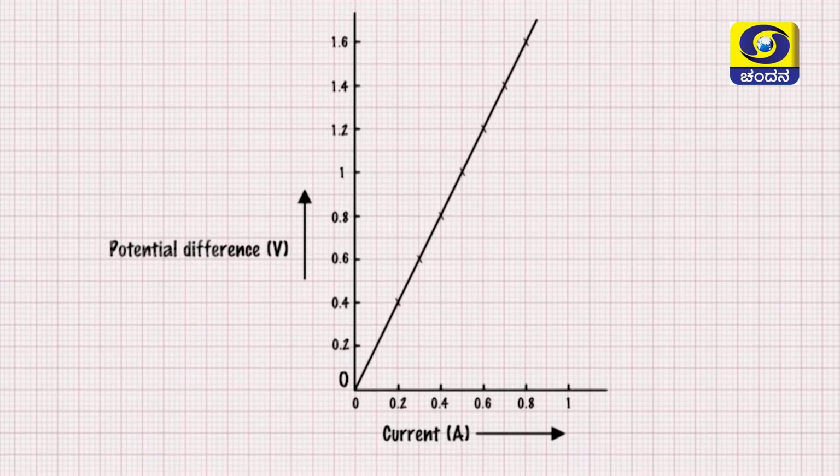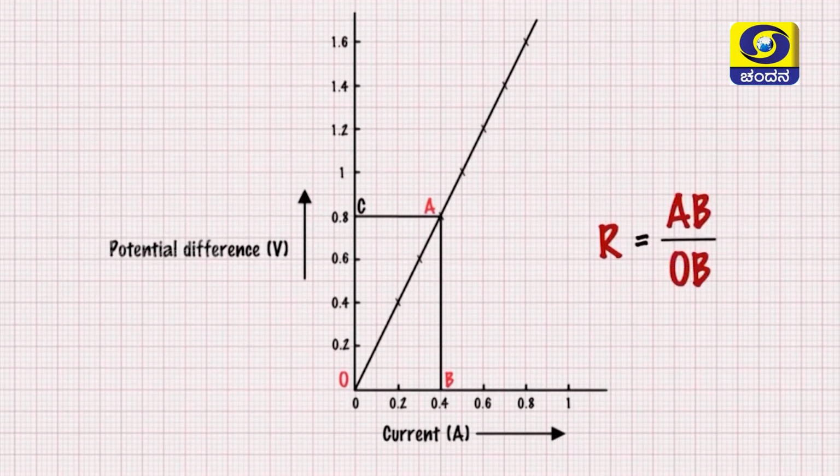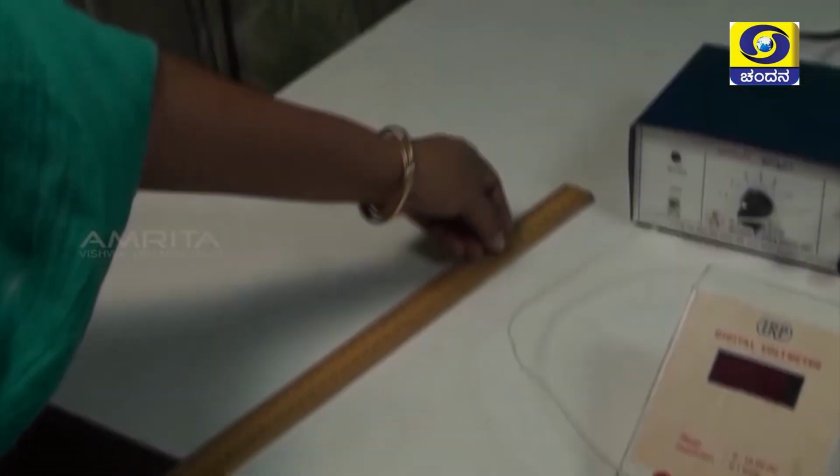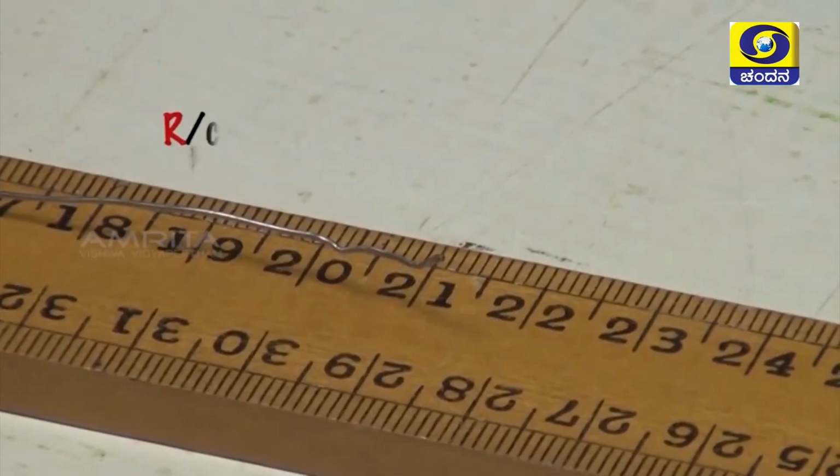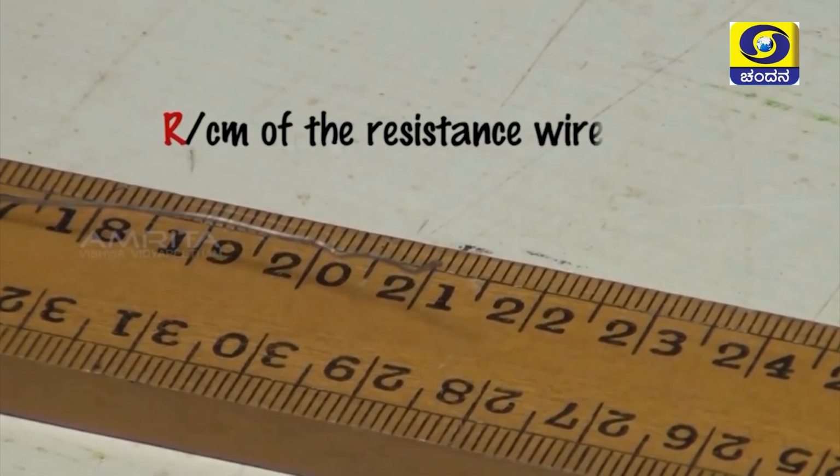The slope of this straight line is the resistance of this conductor, that is resistance is equal to V by I, that means AB by OB. By calculating this value and dividing by the length of the wire, we get the resistance per centimeter of the wire.